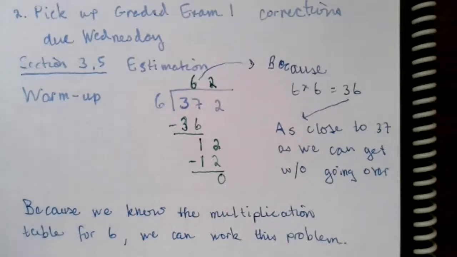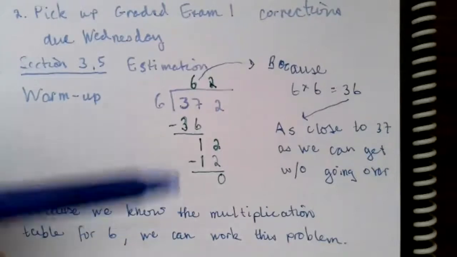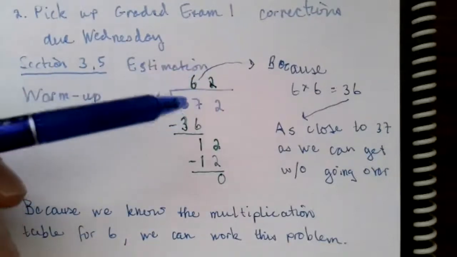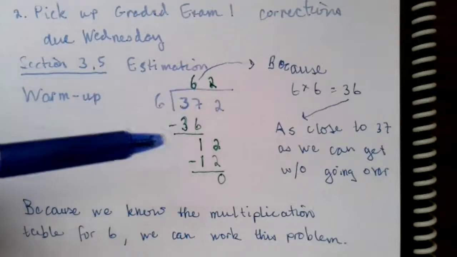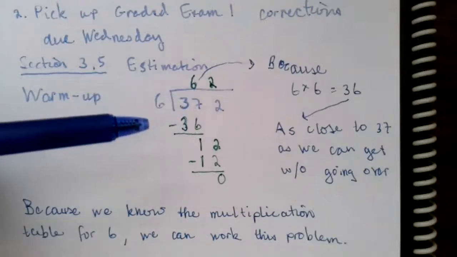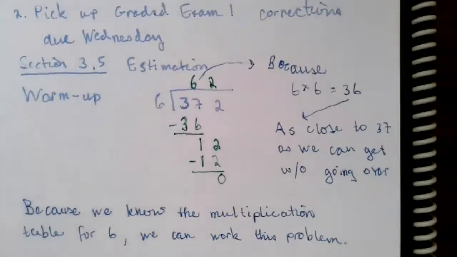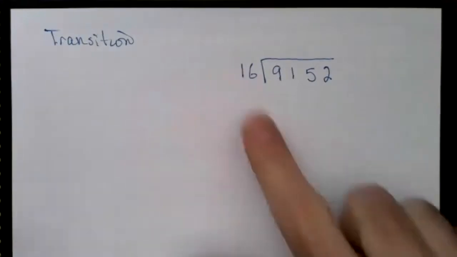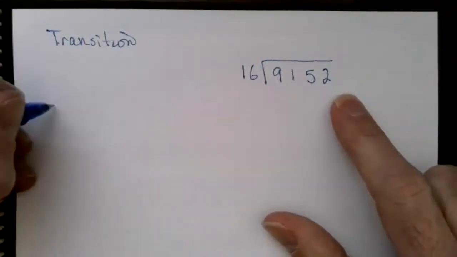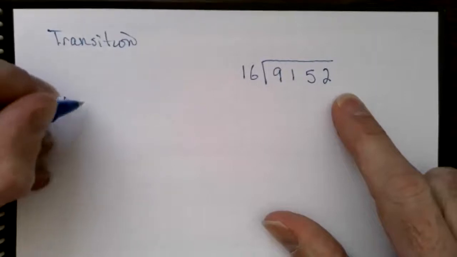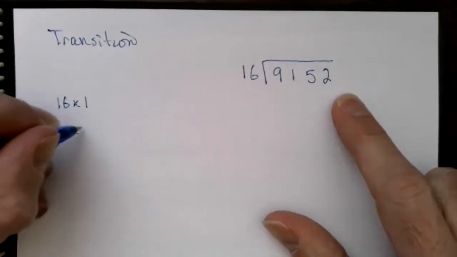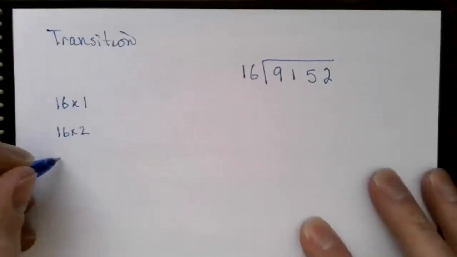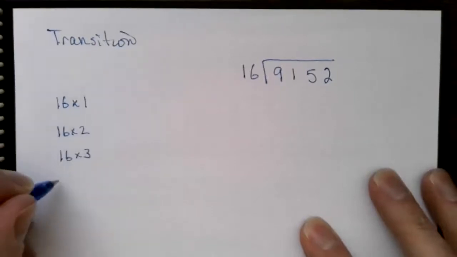That's all I need to know because that's 6 times 9. 6 times 10 is 60, but you'll never have to put a 10 in any of the place values. So I know my multiplication table for 6, but I don't know my multiplication table for 16. So in order to do this problem, let's try this. I will make myself a little multiplication table.